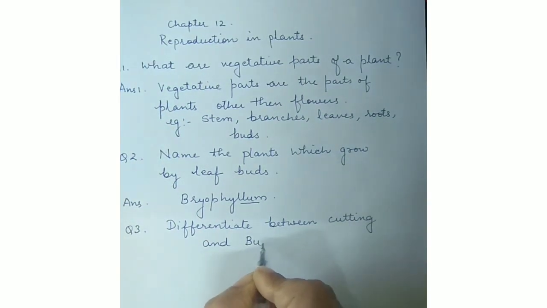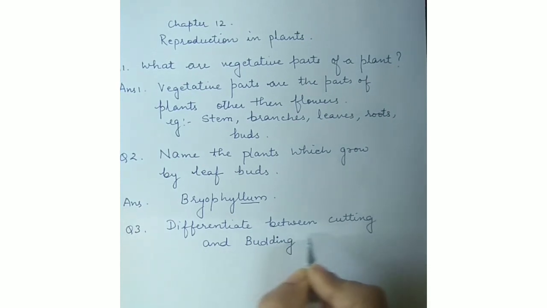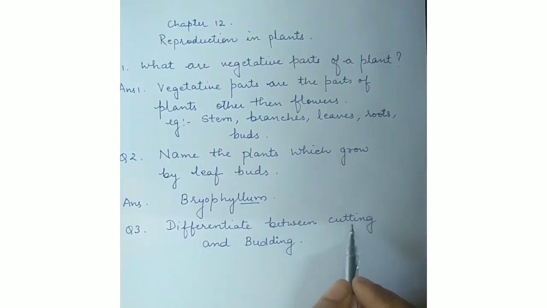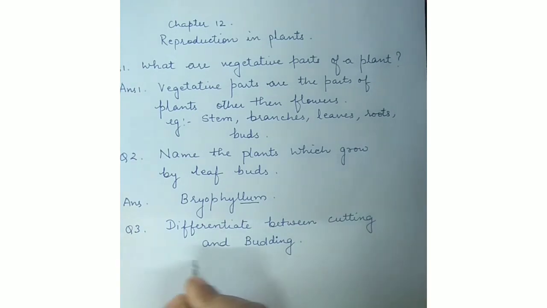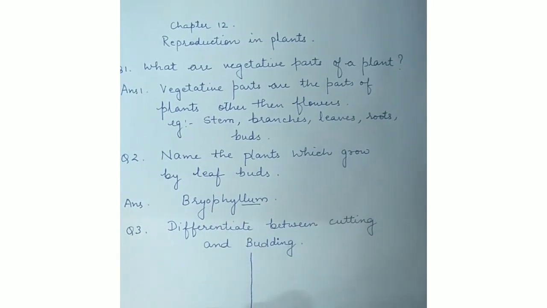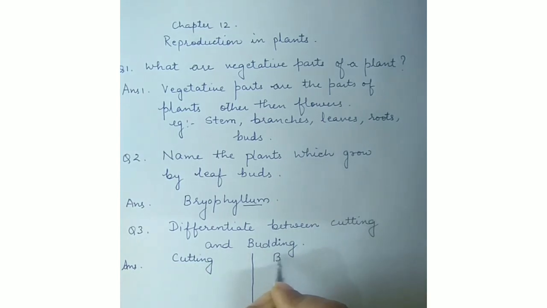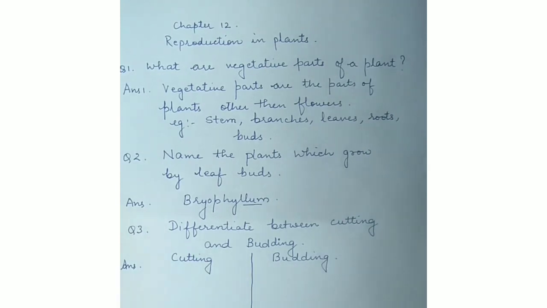Both are asexual methods of reproduction. So what is the difference between cutting and budding? Write in this form. First column is for cutting and next is for budding.